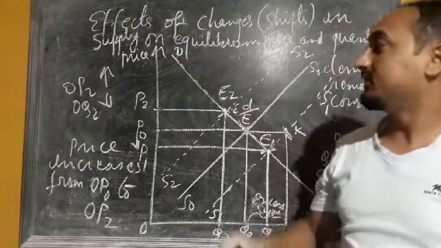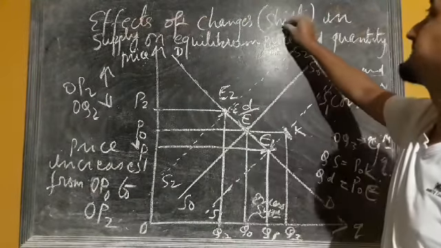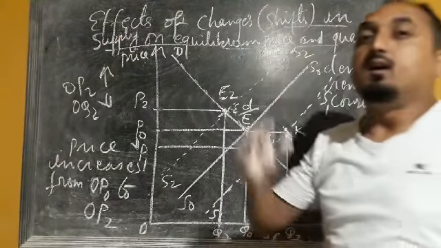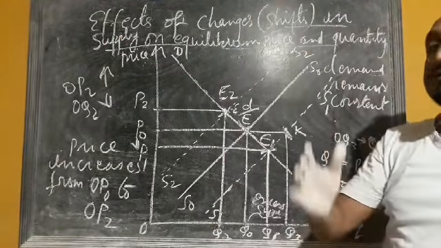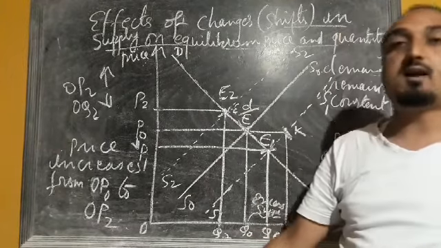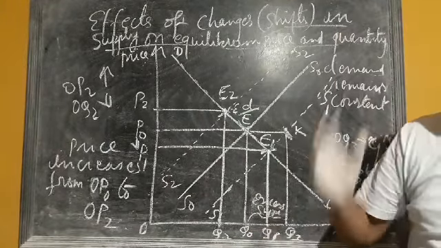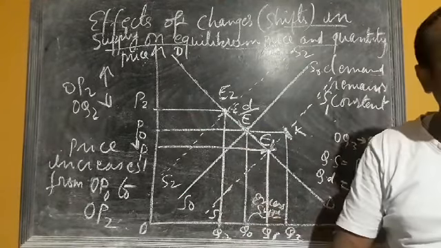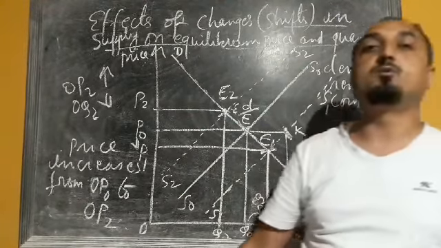So this is the case of effects of changes shift in supply on equilibrium price. So when supply changes, the supply curve will either shift rightward or leftward, causing an effect on equilibrium price and equilibrium quantity. Both equilibrium price and equilibrium quantity will change.